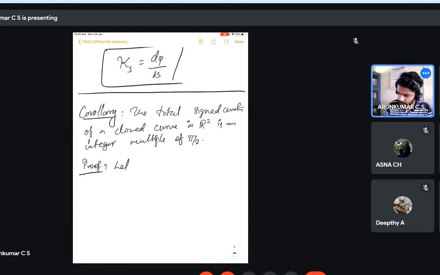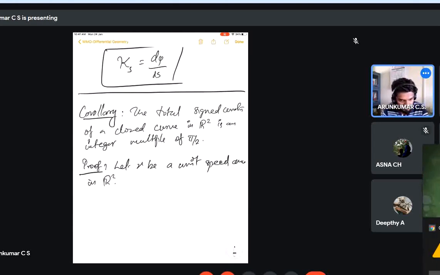Let gamma be a unit speed curve in R2 and let L be its length.